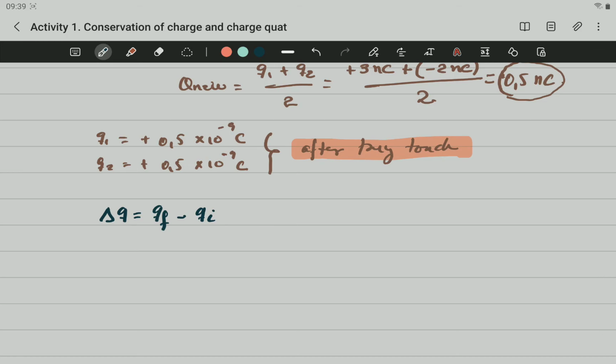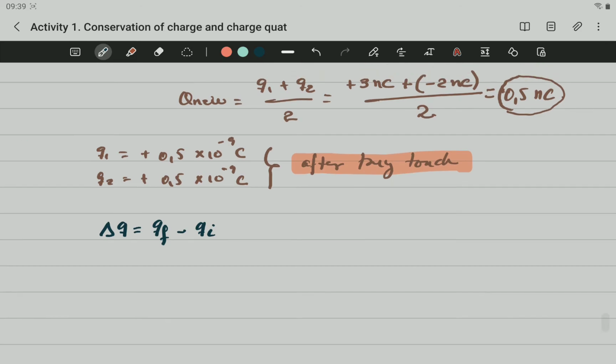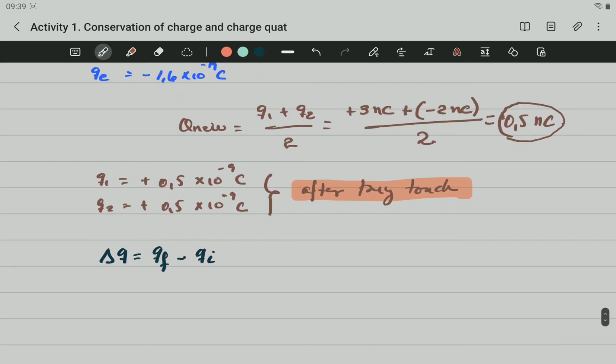So the final charge here could be any of these. Let's say, for example, let's use Q1. Change in charge for Q1: what is the final charge of Q1?